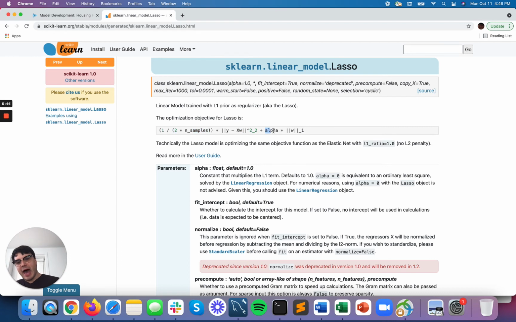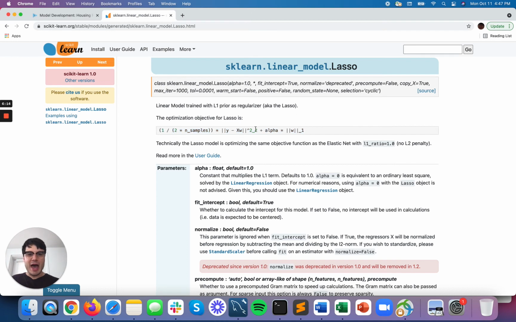However, if we add to that value that we're trying to minimize some constant alpha times the weights of the model, that means that if your model has more weights, if there's more m's in the mx plus b, you have m1 x1 plus m2 x2 plus dot dot dot. If you have more m's set to non-zero values, then this thing you're trying to minimize is going to be higher, but you're trying to make it go lower.